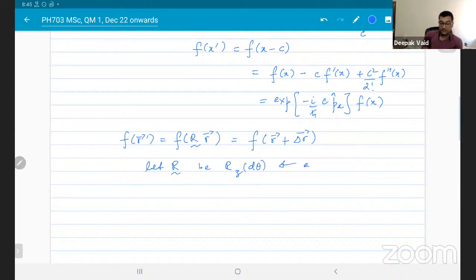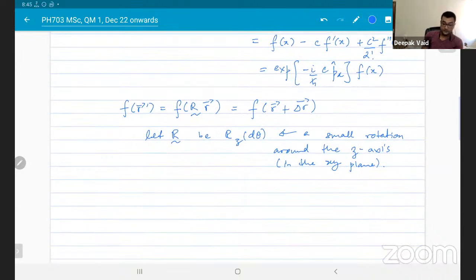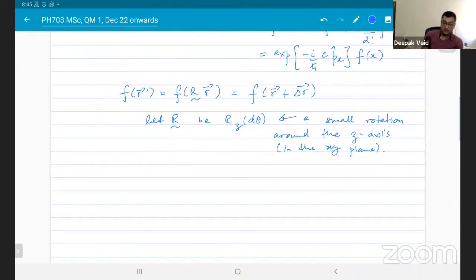That means a small rotation around the z axis, or in the xy plane. Okay. So what is this R of Z d theta? What does it do? What does the matrix look like?